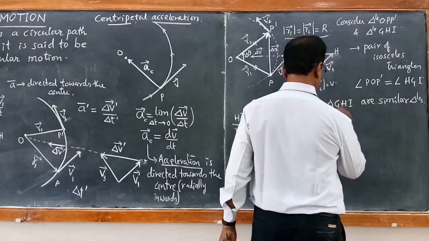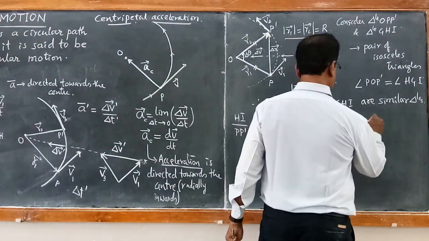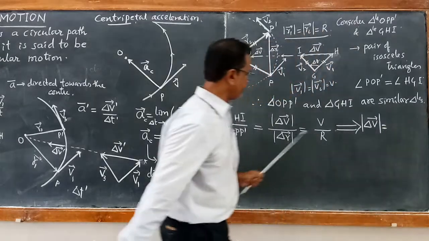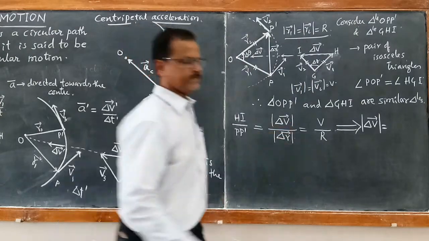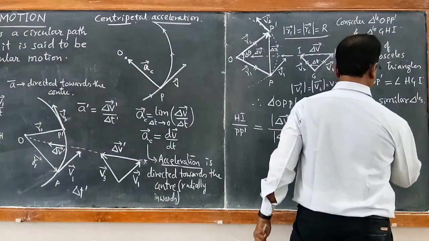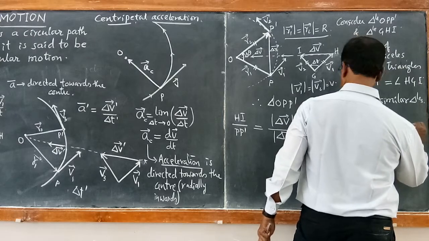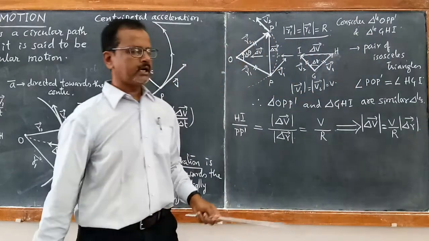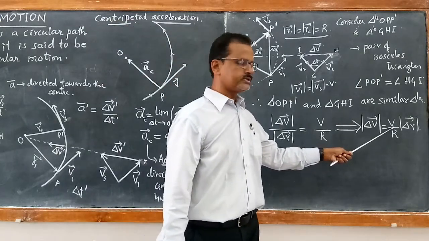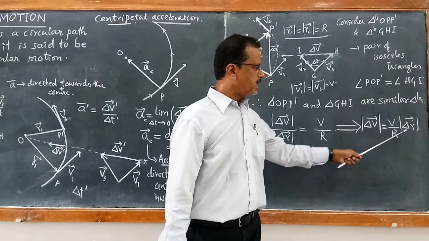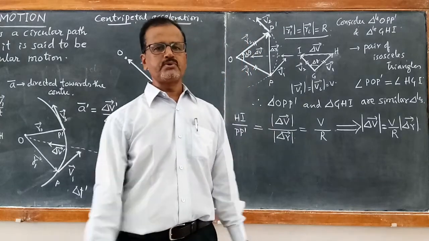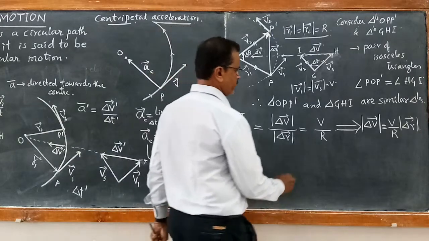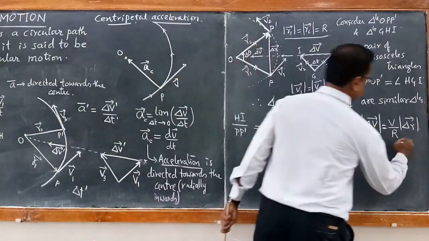Thus, this implies the magnitude of delta V vector is equal to, taking this delta R to this side, V by R into delta R, where V is the magnitude of velocity, R is the radius, and delta R is the change in position, the displacement. So thus we have proved this result.